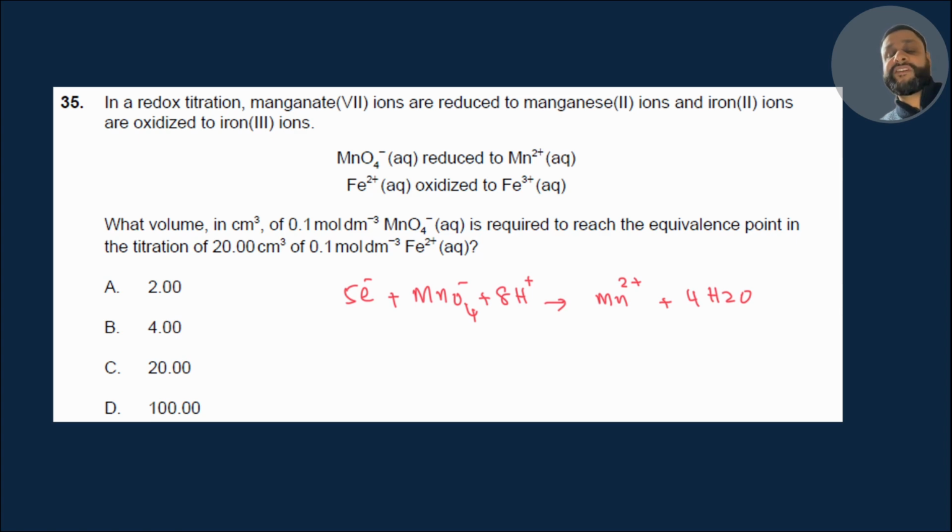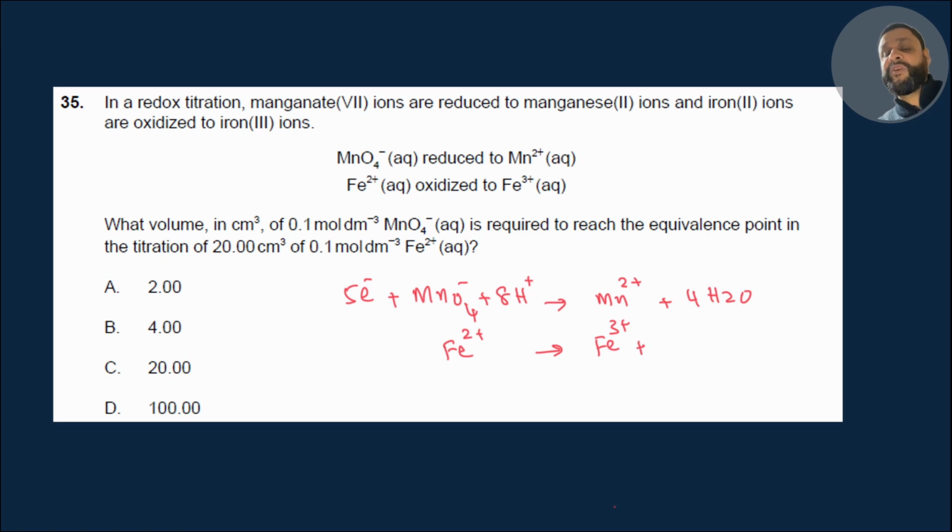Let's deal with the oxidation half. Iron 2+ is oxidized to iron 3+. Iron is balanced. We need to balance the charge: on the product side it is 3+, and on the reactant side it is 2+. Because this is oxidation, we need to add an electron on the product side.